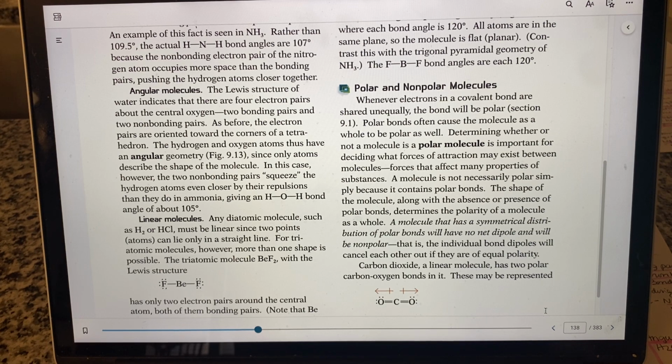Remember, it's important to know if a molecule is polar because this affects what forces attract them. Because a polar has one pole that's going to be negative and one pole that's going to be positive. And so it will react differently, and it will want to bind with certain other molecules because it has a positive and negative side. That's polar binding.